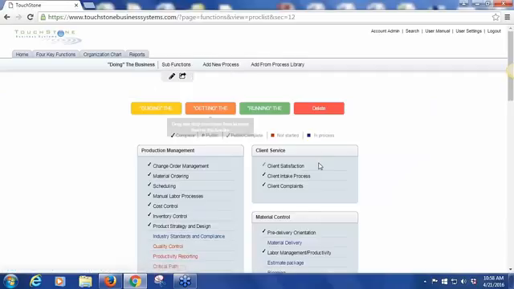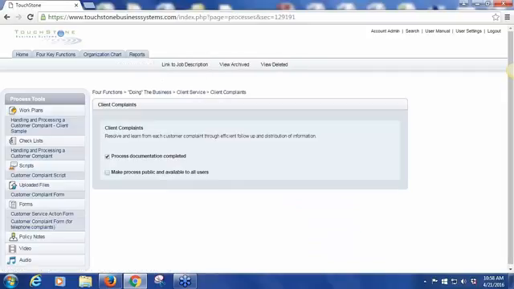There's another process called customer complaints or client complaints. This is in the library as well. If this is going so well, your customer satisfaction, it's probably because you've got a good complaint resolution process.